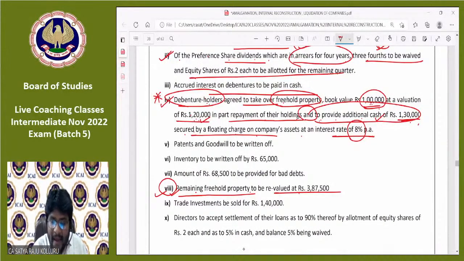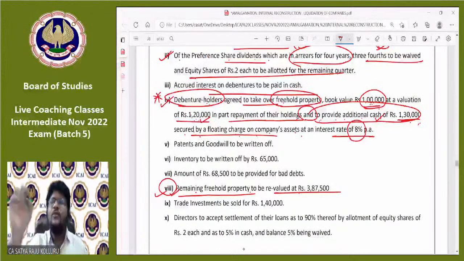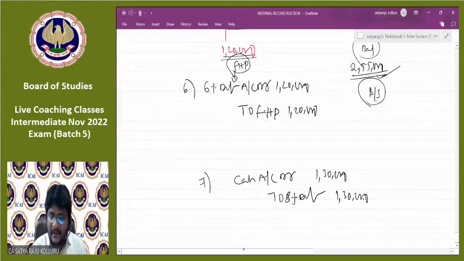Debenture holders agreed to provide additional cash of 1,30,000 secured by a floating charge on company's assets at an interest rate of 8% per annum. Indirectly, they are conveying that debenture holders will provide the additional cash, provided that the company provides security on a floating charge, which are secured debentures, and the interest rate is also not like the earlier 6%.